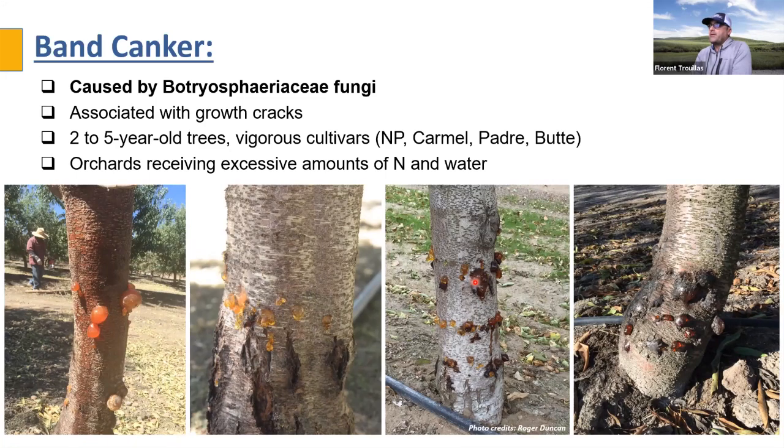So band canker, again, is a disease of young trees, two to five years old, vigorous cultivars, and orchards that are receiving excessive amounts of water and nitrogen. And so they're growing so fast that cracks are occurring and infections are occurring at these sites. So that's the disease, band canker, also caused by Botryosphaeria dothidea, and so also known as Botryosphaeria canker.